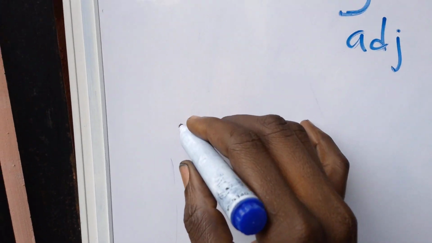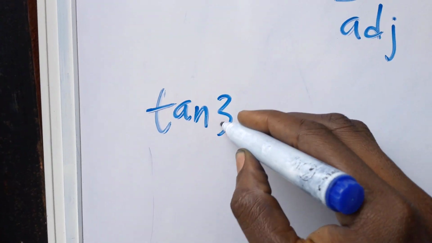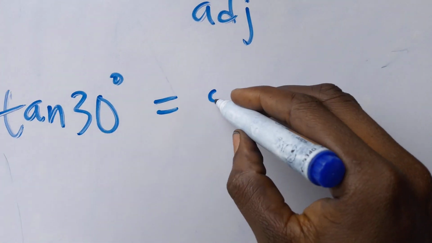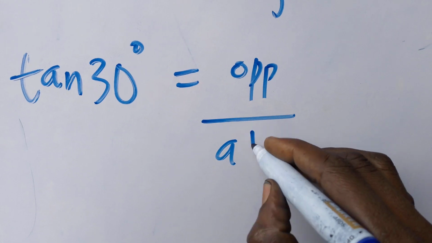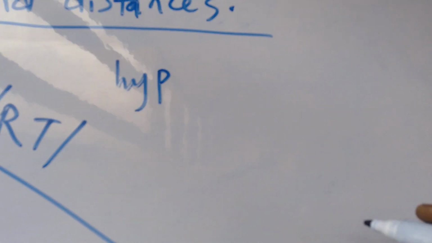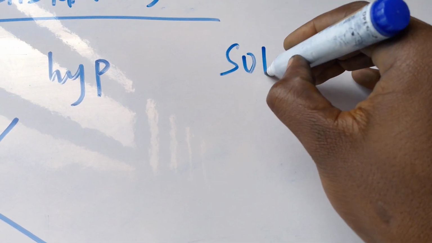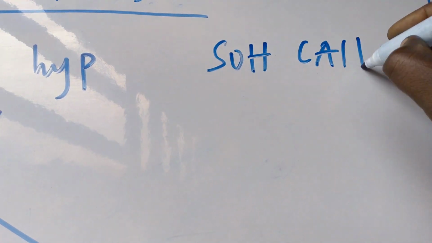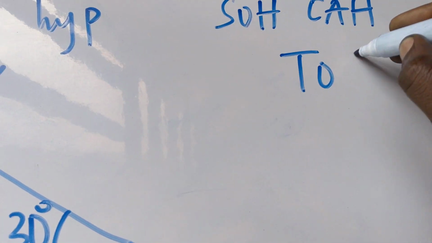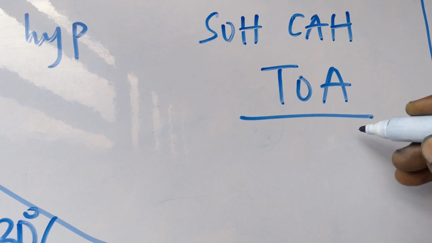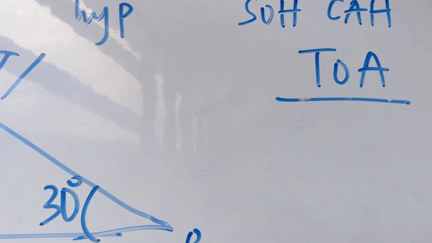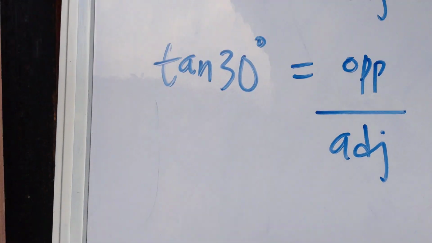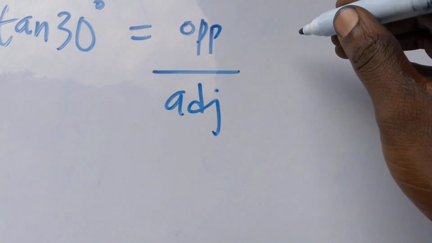You say tan 30 degrees equals the opposite side over the adjacent side. Take note, what I'm using now is this: the tangent of an angle is equal to the opposite side divided by the adjacent side. So tan 30 will be the opposite divided by the adjacent.